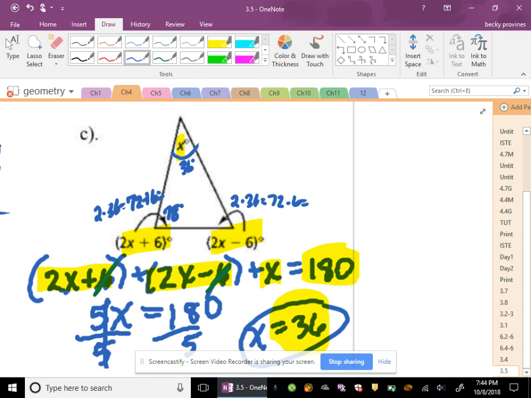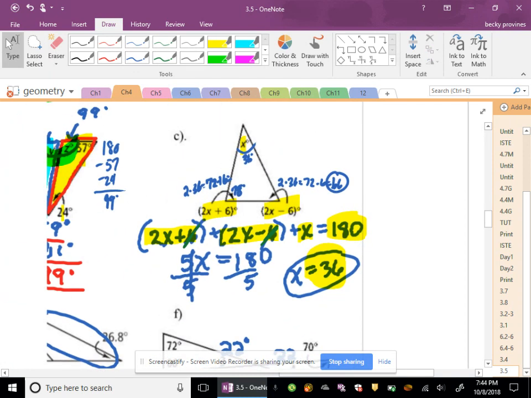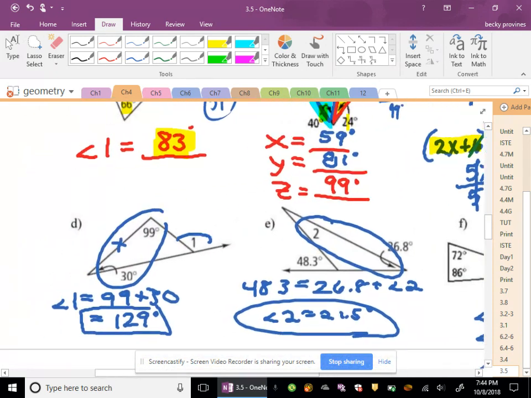Let's see here. That would be 66. Mental math is hard, guys. Okay. 66. And now we're finished because I followed the directions.